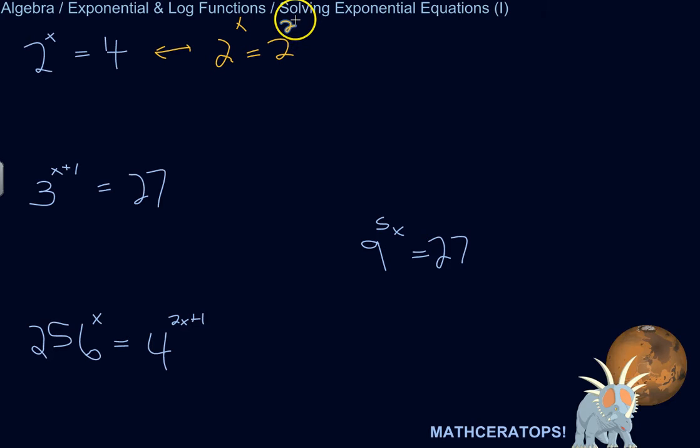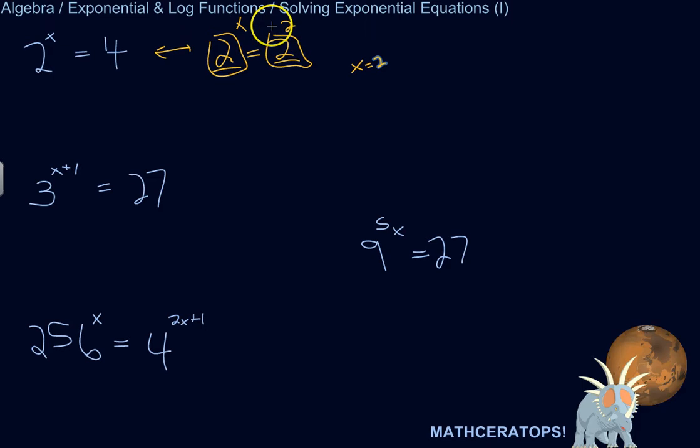So I've got some base being raised to a power and some base being raised to another power, but these bases are the same. Well, it follows then that I could set x equal to 2, and boom, it's already solved, right? In other words, I'm taking some number and raising it to a power, and that's equal to that same number raised to a power.